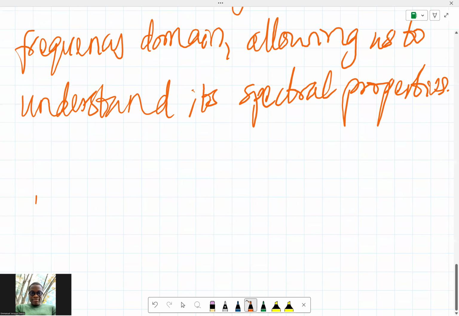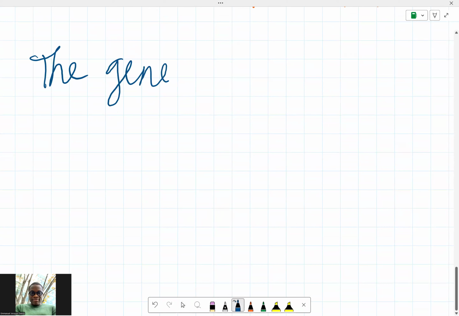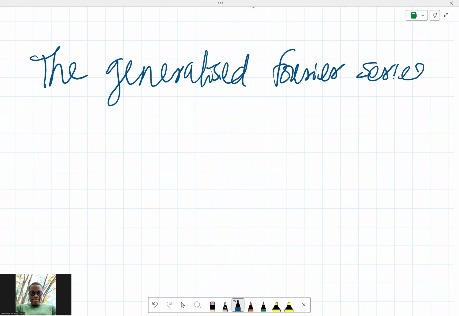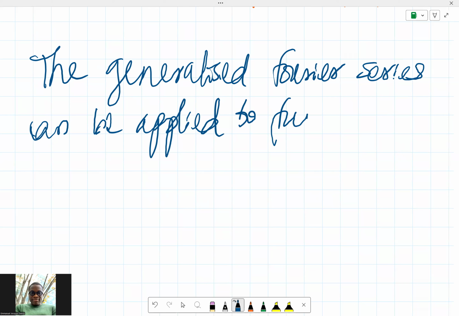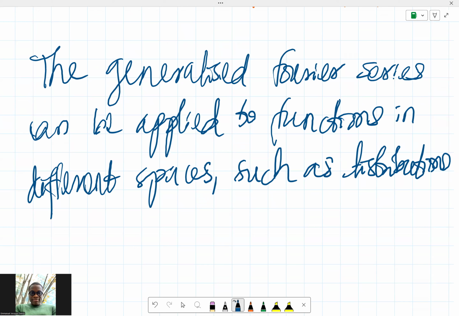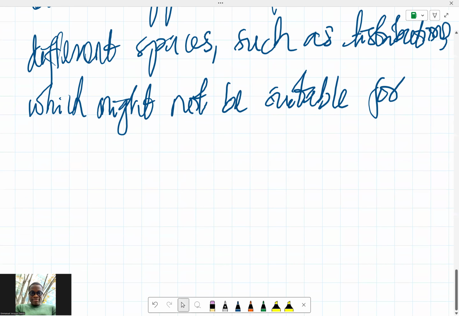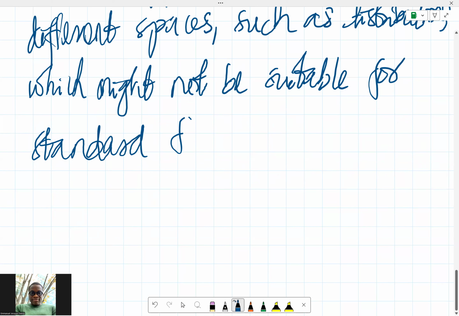Now the generalized Fourier series can be applied to functions in different spaces, such as distributions, which might not be suitable for standard Fourier series.